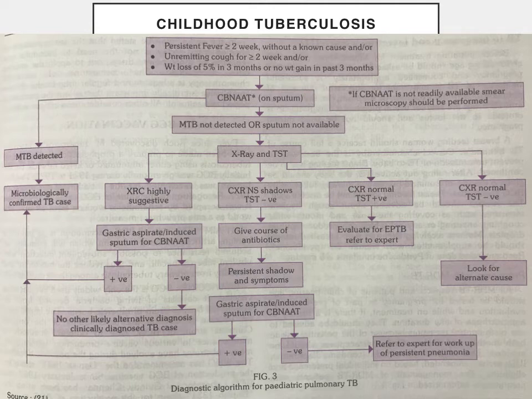And the frequency of childhood tuberculosis in a given population depends on, number one, the number of infectious cases, number two, closeness of contact with an infectious case, number three, the age of the child when exposed to TB, and the age structure of the population.